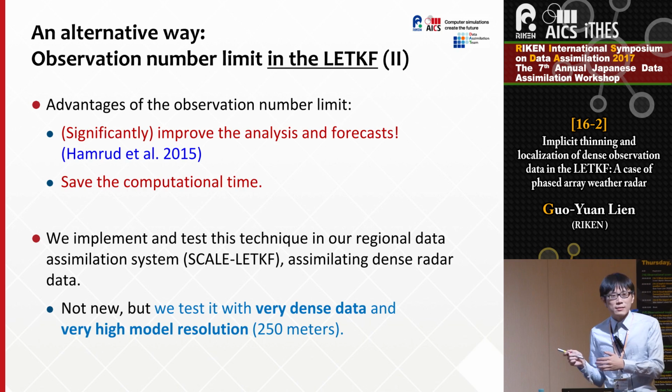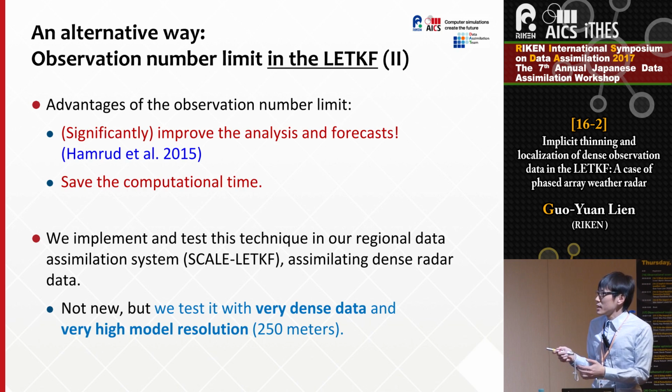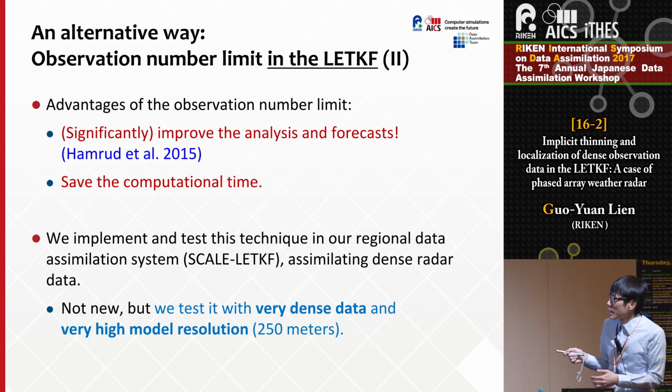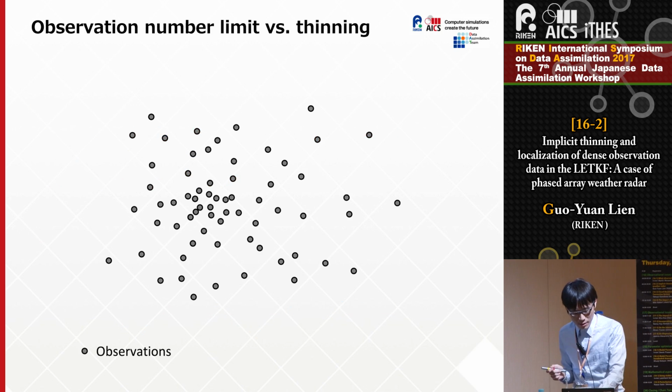This is not a new method, but we implemented and tested this technique in our regional data assimilation system, assimilating very dense observation data at a very high model resolution. In this very dense observation and very high resolution situation, this consideration of observation number becomes more important, so we really would like to see the impact of this method.